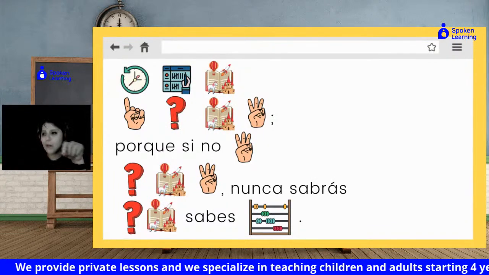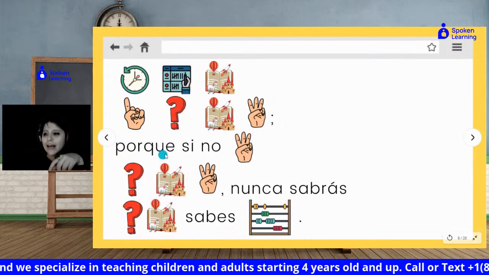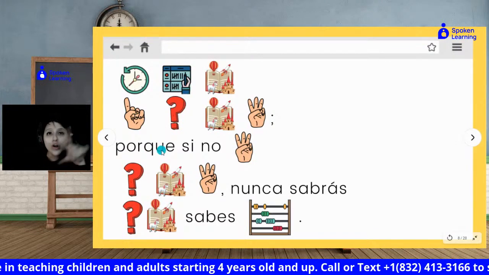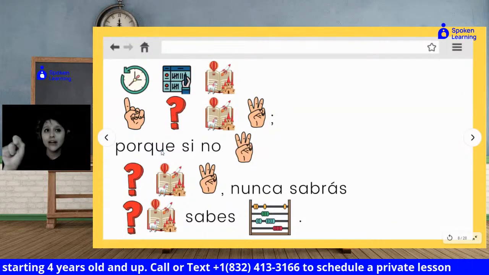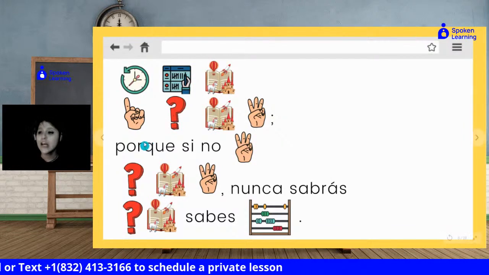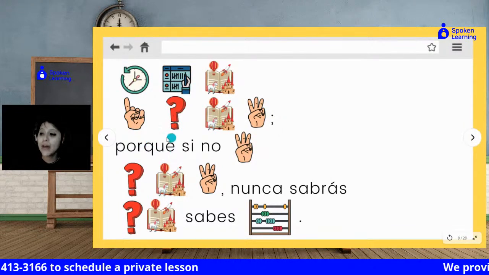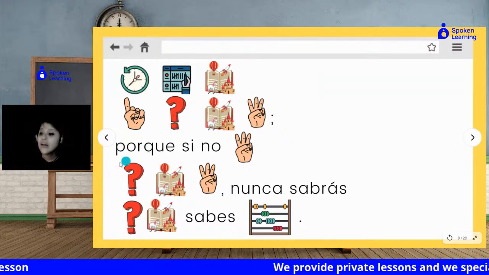Let's review this example over here. Porque, la U no suena. Se escribe, you write it, pero no suena. It doesn't sound. Okay? So the one giving the sound to E is Q. Remember that, please.